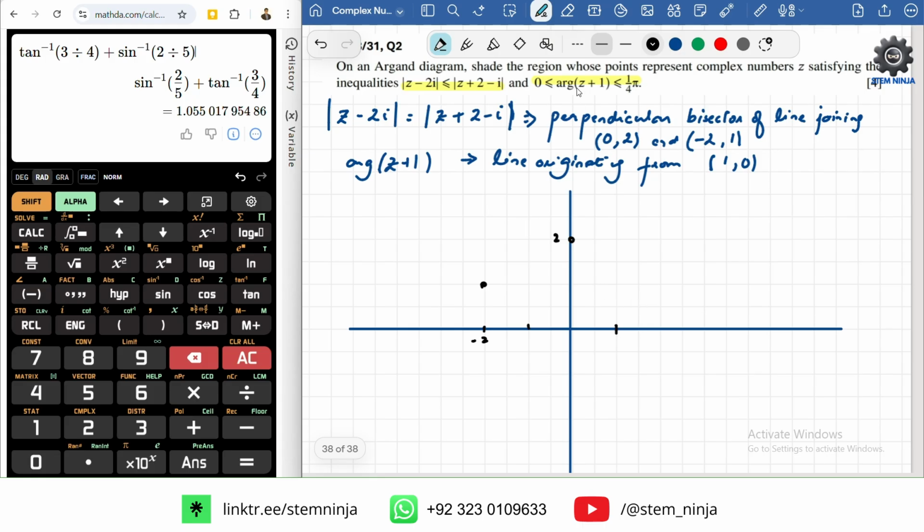Okay, right. So if we join these 2 points, the perpendicular bisector is passing through like this. You can just quickly find out the midpoint, right?